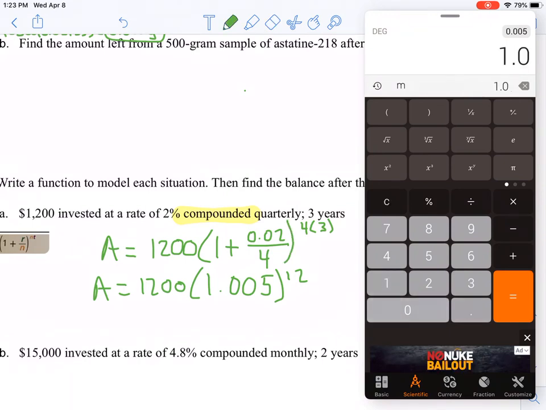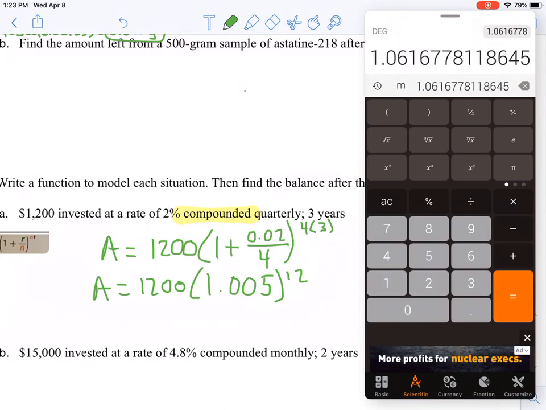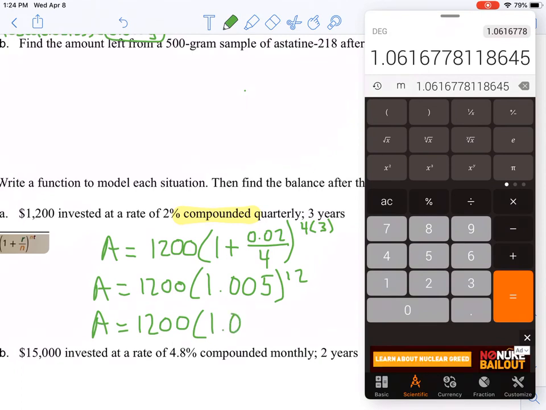So 1.005 to the 12th power is, we'll just call it 1.06.